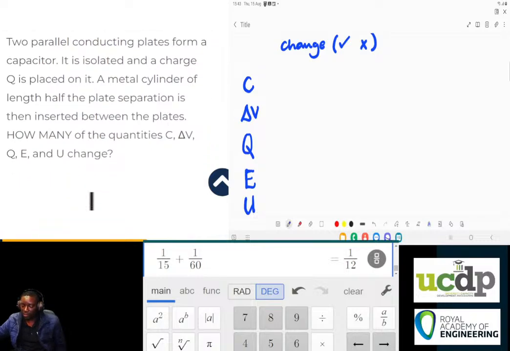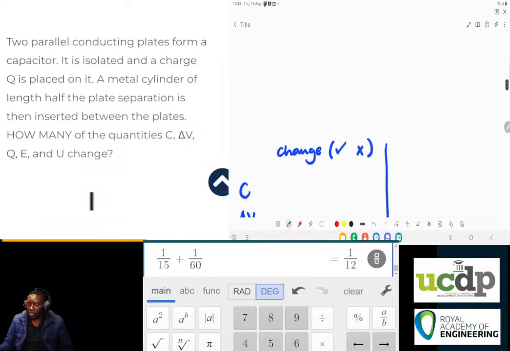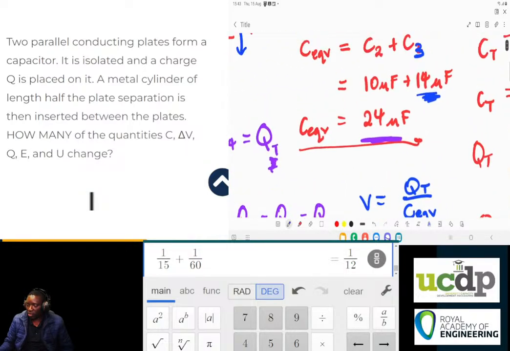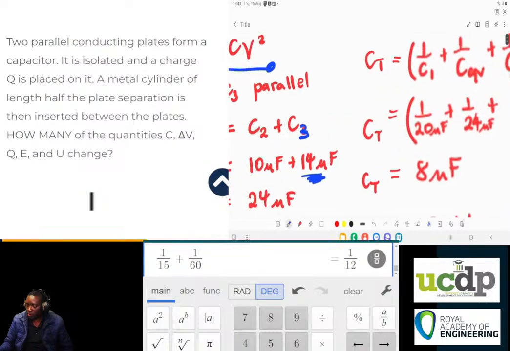Yeah, I'm listening. Actually, sir, I don't think it will change. It will stay the same. You think it will stay the same? Do you have a different formula for capacitance, different from the one that we have been using here?